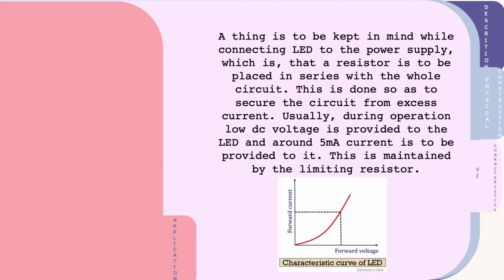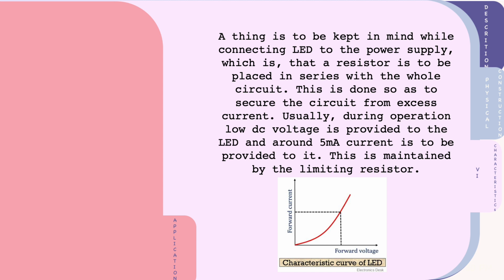For the operation or VI characteristics, one thing to keep in mind while connecting an LED to the power supply is that a resistor is to be placed in series with the whole circuit. This is done so as to secure the circuit from excess current.